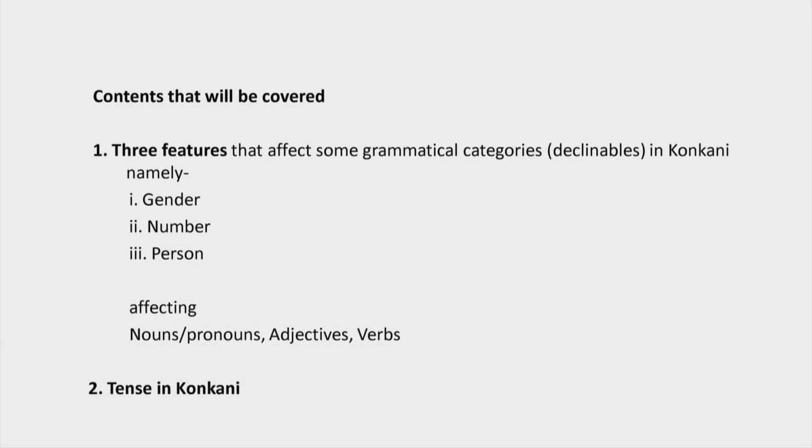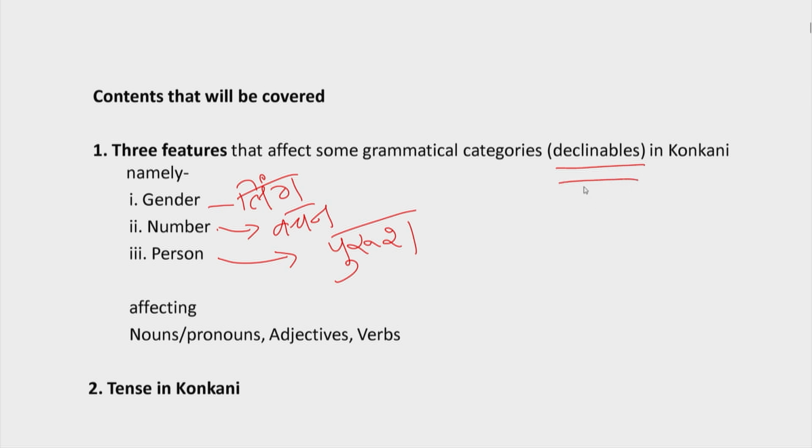Gender, also called as Linga. Number, also called as Vachan. And person, also called as Purush, are features that affect some grammatical categories in a language, and the categories that get affected by these features are called as declinables or words that change.